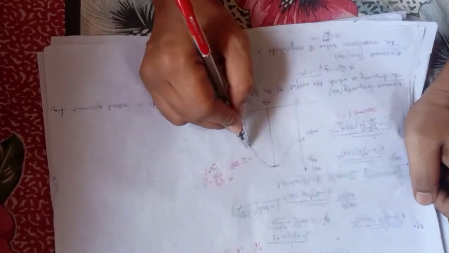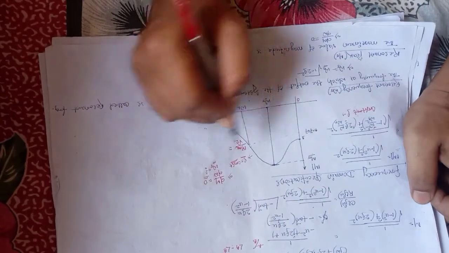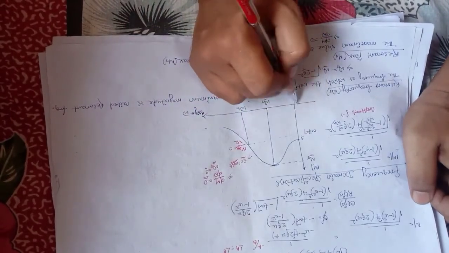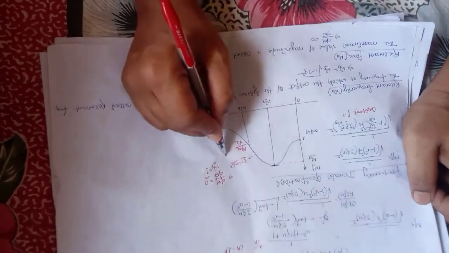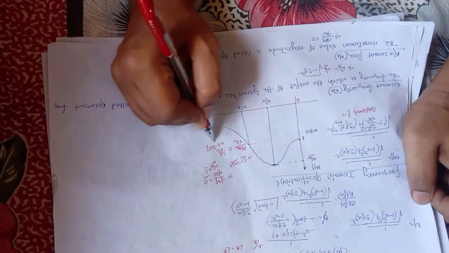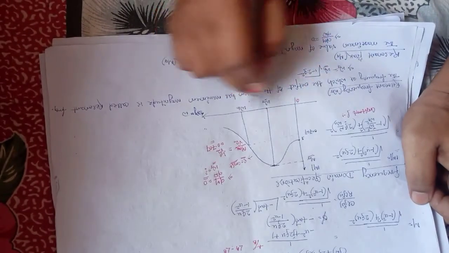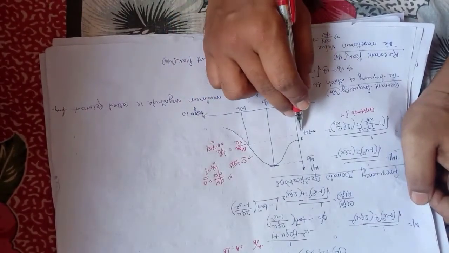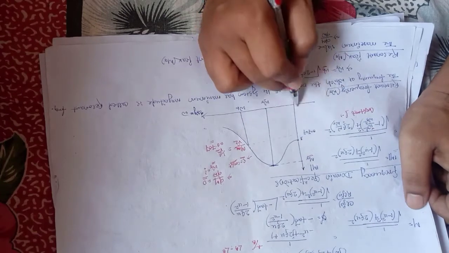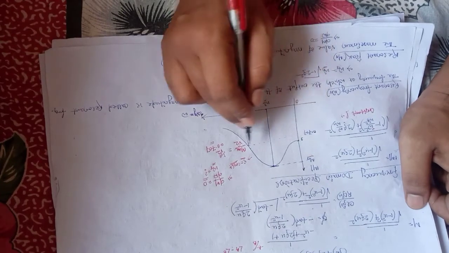So M max by root 2, the maximum value at 0 dB. At 0 dB the maximum value is 1, so 1 by root 2, which is 0.707. So I can say that the range of frequencies where the magnitude becomes 0.707 of the magnitude at 0 frequency is called bandwidth.